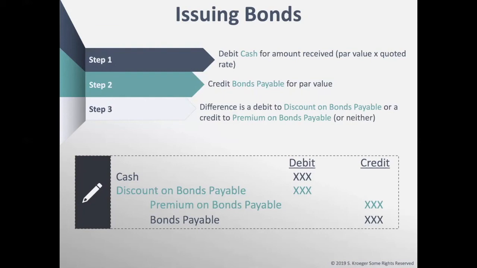You will never use both of these accounts at the same time. You will either use one of them or none. If the company receives more cash than the par value, then it was sold at a premium. If the company is receiving less cash than the par value, then it was sold at a discount. If the bonds were sold at par exactly, then you would not use either of those accounts.